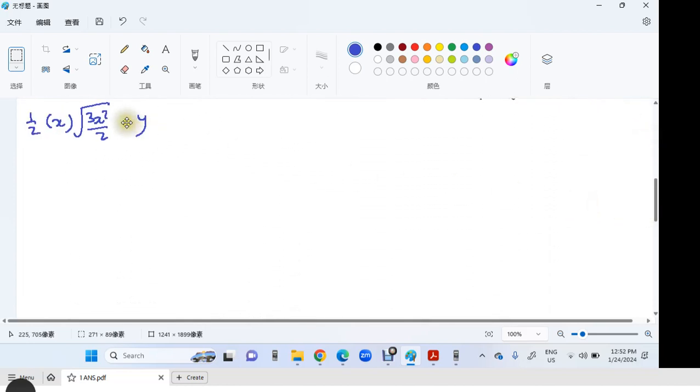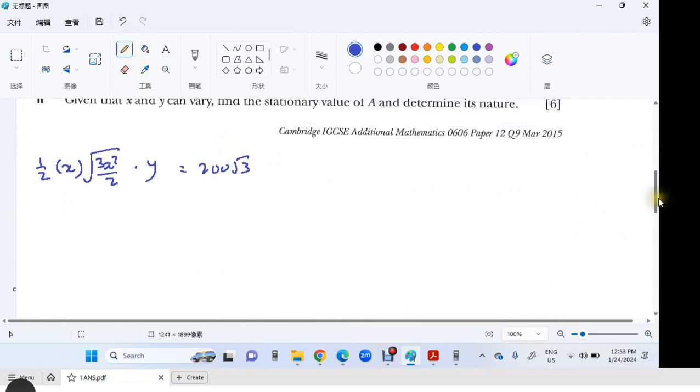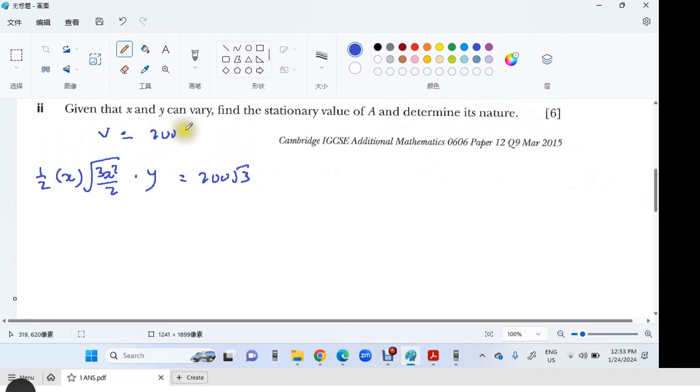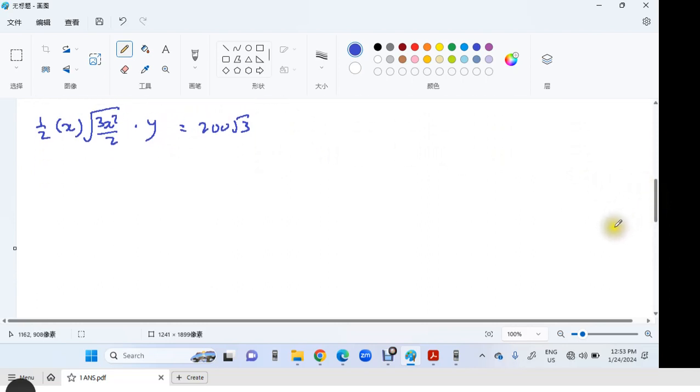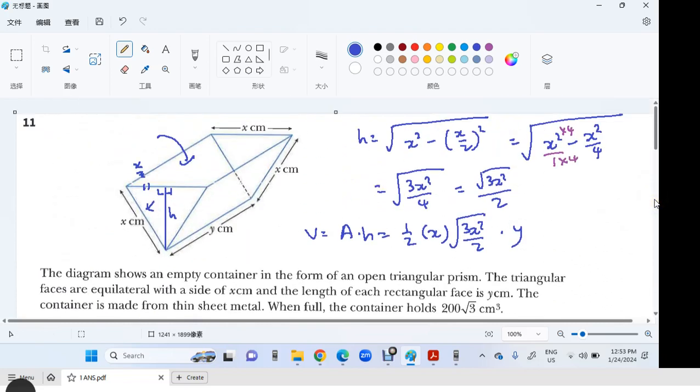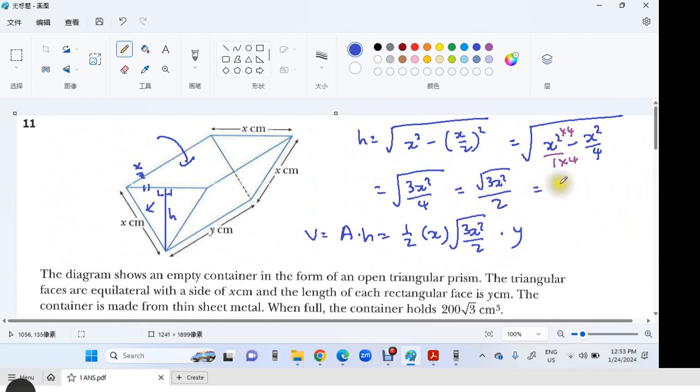It is given that V is 200 square root 3. So from here we can get the relationship. This height is actually square root 3 x over 2. It's something like this, which will be easier.